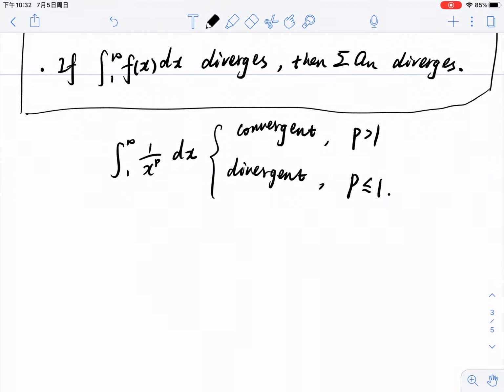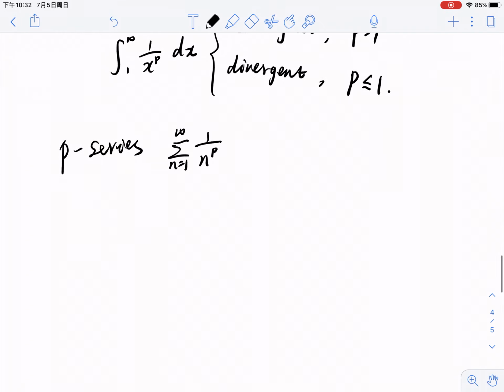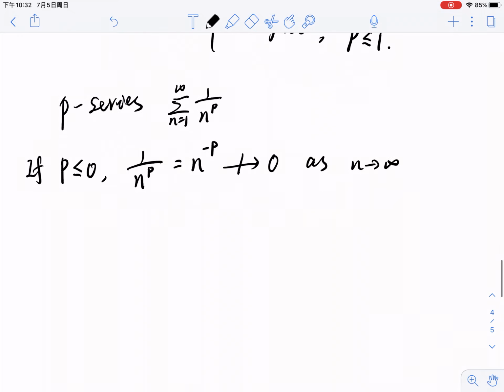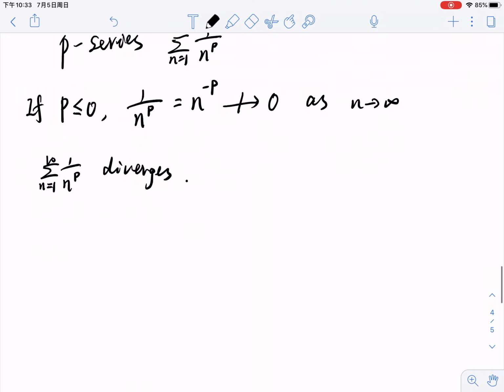Now let's look at the p-series, 1 over n to the power p, and its convergence and divergence. First, if p is less than or equal to 0, then 1 over n to the power p is n to the negative p, which does not go to 0 as n goes to infinity. So in this case, the p-series diverges by the divergence test, property 3.